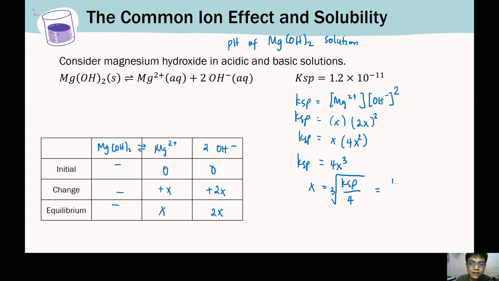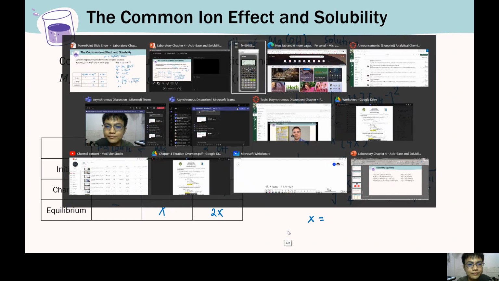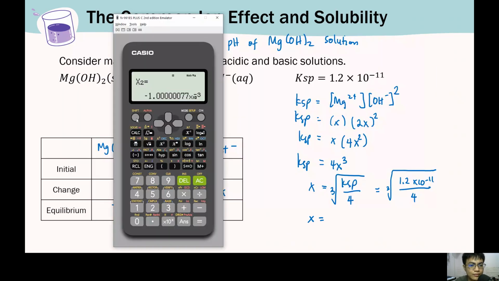And so the KSP is given. It's 1.2 times 10 raised to negative 11 divided by 4. So we'll get the value of X. Okay, so let's clear this up. So we just need to get the cube root of 1.2 times 10 raised to negative 11 divided by 4. So this is the molar solubility. So 1.44 times 10 raised to negative 4.